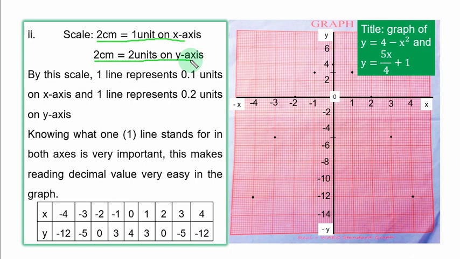Okay, back to the scale. 2 cm to 1 unit on the s-axis. This graph we are using, each square or box is 10 lines. So 10 lines implies 2 centimeters.